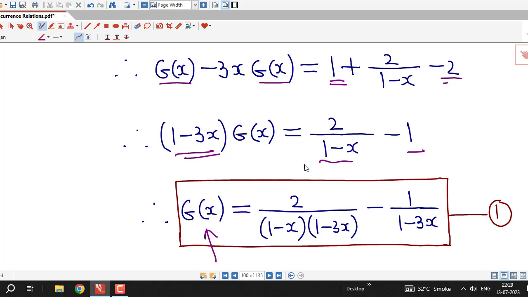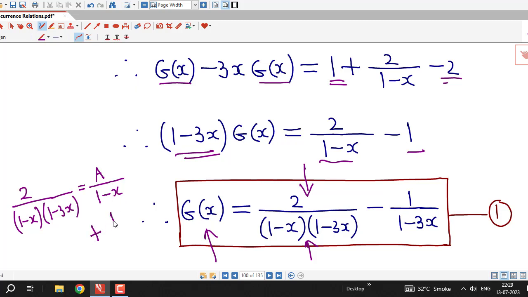Now in the next step I have to rewrite this function of x using partial fractions. So you can see that this is a proper rational function. Degree of numerator is 0 and degree of denominator is 2. Therefore this is a proper rational function, and if you recall, every proper rational function can be written as a sum of partial fractions.